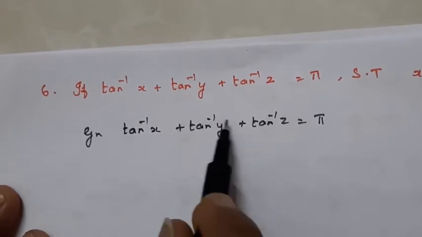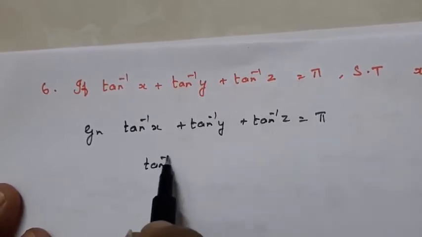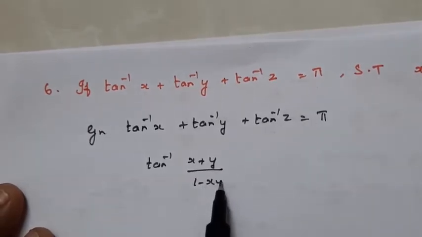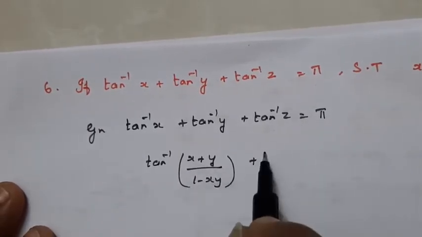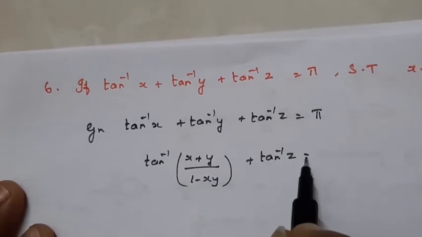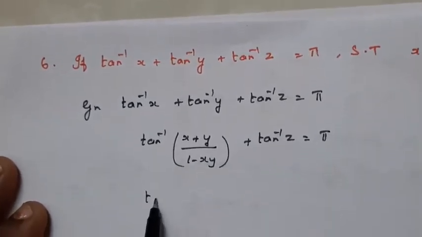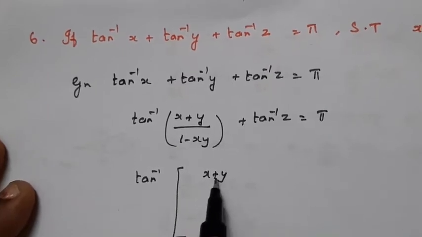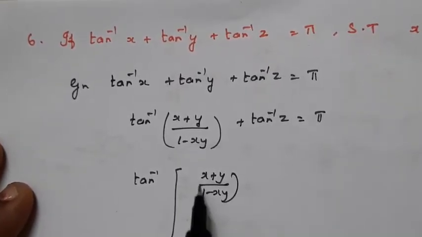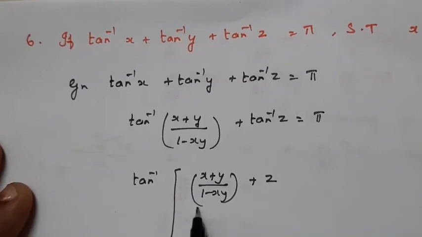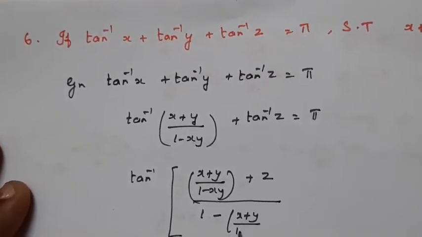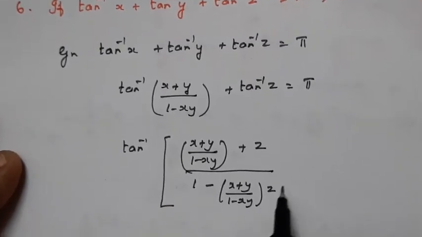So, just by taking the first 2 terms and applying the formula, we have tan inverse of (x plus y) divided by (1 minus xy), plus tan inverse of z, is equal to pi. Again, applying the formula, we have tan inverse of ((x plus y) by (1 minus xy) plus z) divided by (1 minus (x plus y) divided by (1 minus xy) into z).